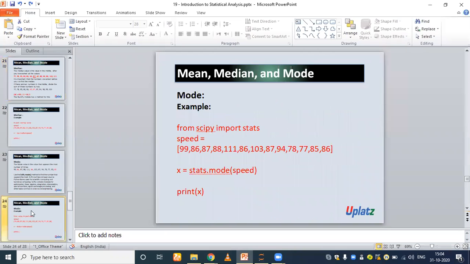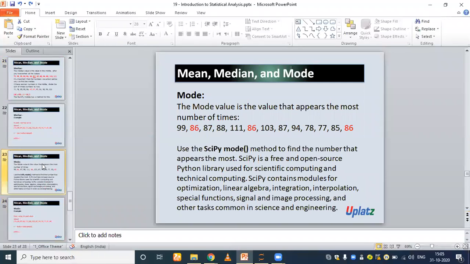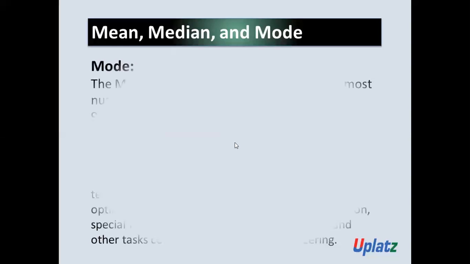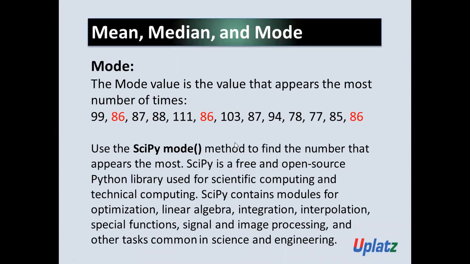So what is this mode? The mode value is the value that appears the most number of times. So it's very easy. The value which occurs the most number of times is your mode. What is mean?